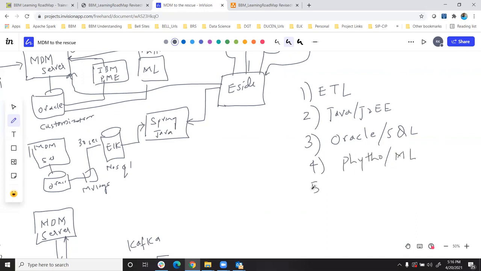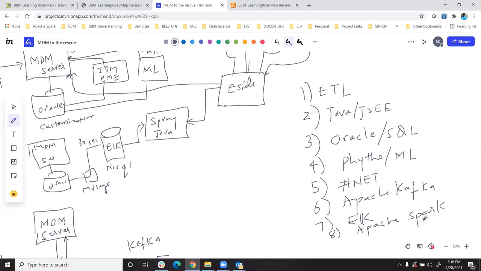We saw .NET, we saw Apache Kafka, and then ELK. We are working on Apache Spark for distributed computing, more of Hadoop big data, and Apache Kafka, and the Spring applications, Spring Java.